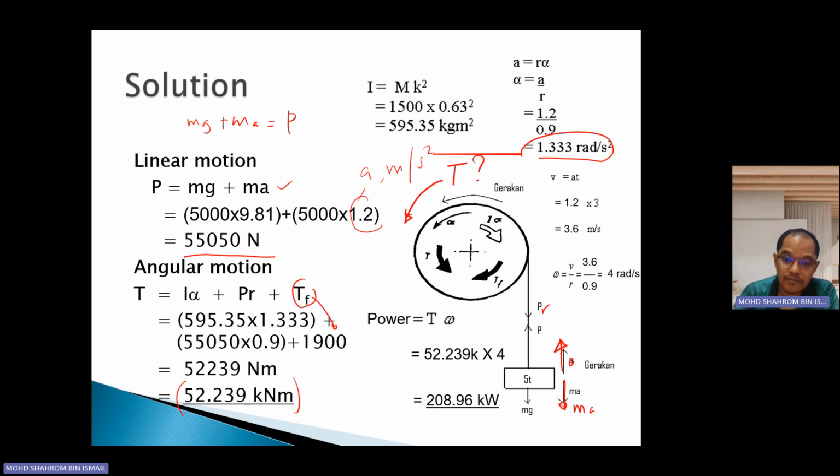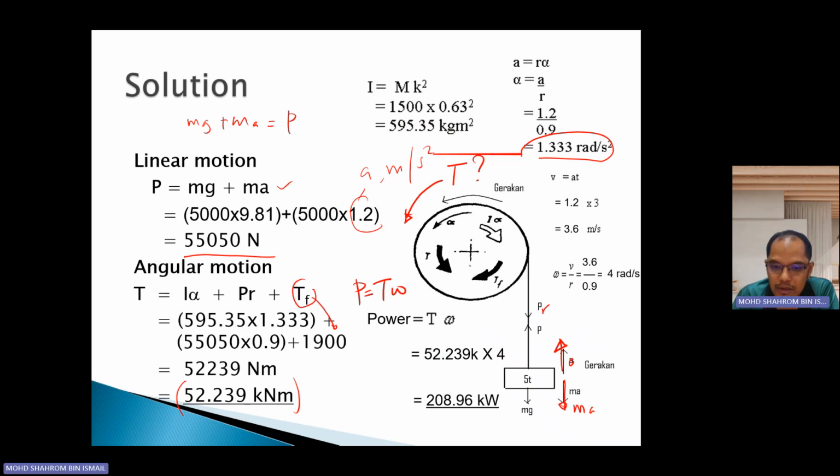Very simple. Since they do ask about the power, the power is equivalent to torque multiplied by omega.